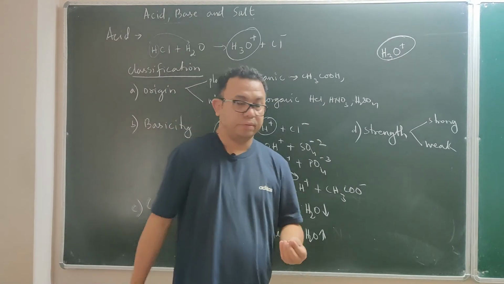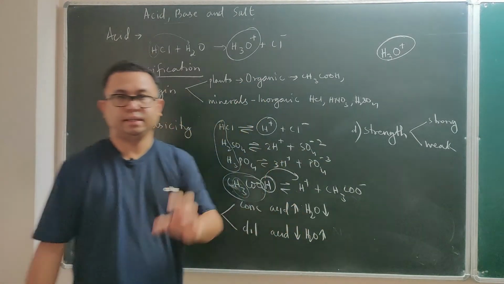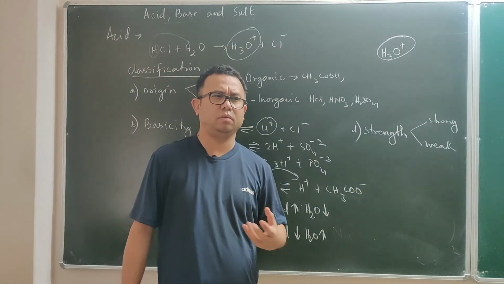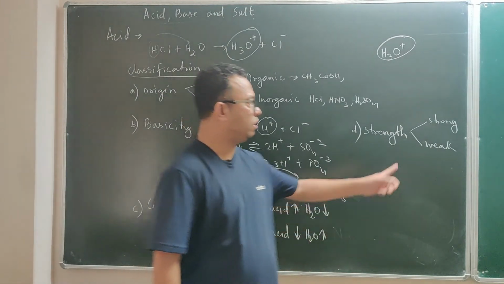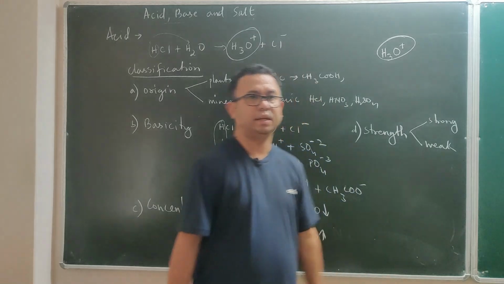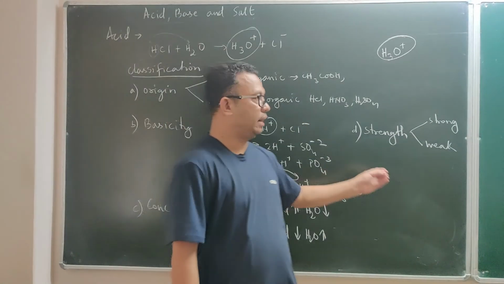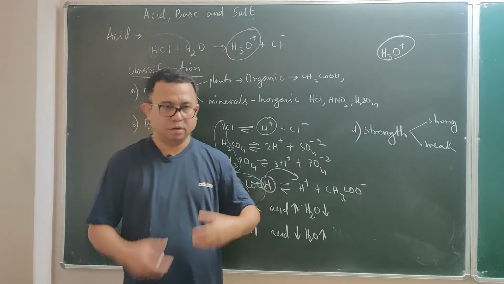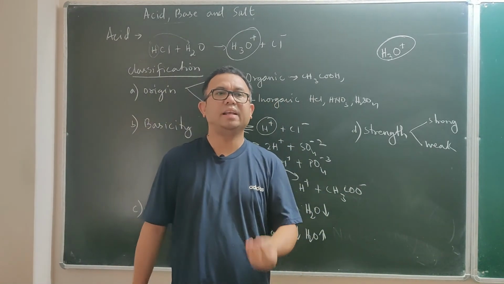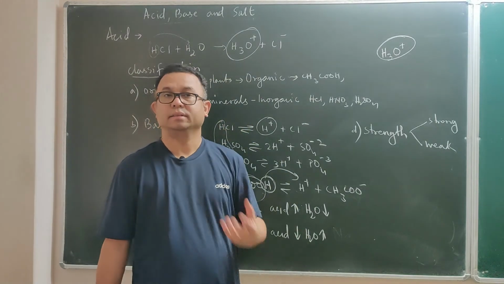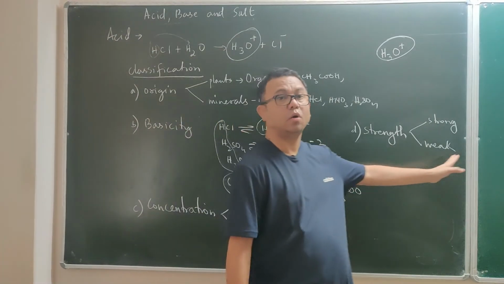If an acid when dissolved in water produces plenty of hydronium ion, a large number of hydronium ion, then we say the acid is a strong acid. But when that acid is undergoing ionization and produces a very small number of hydronium ion, then it can be termed a weak acid.